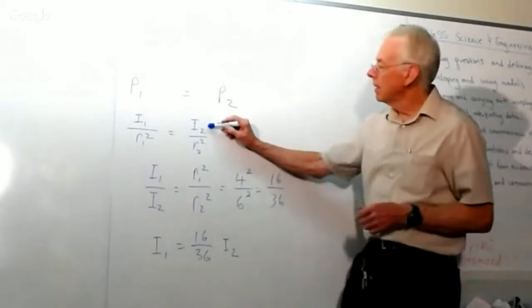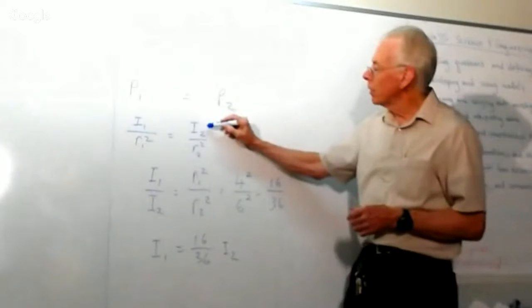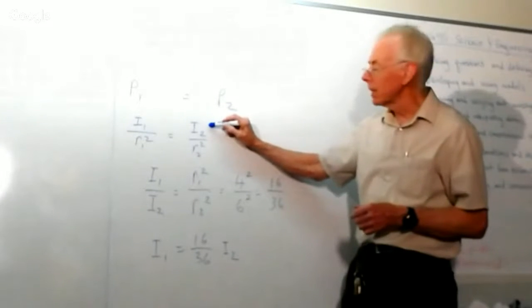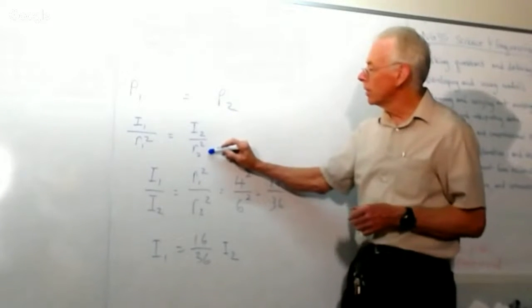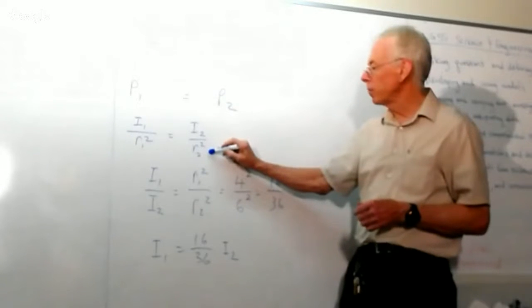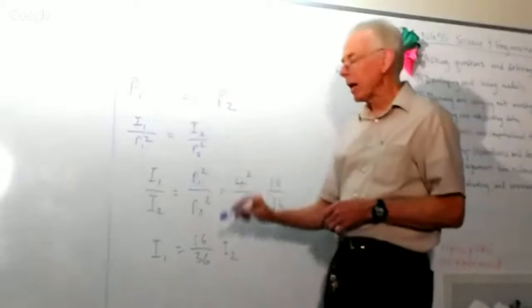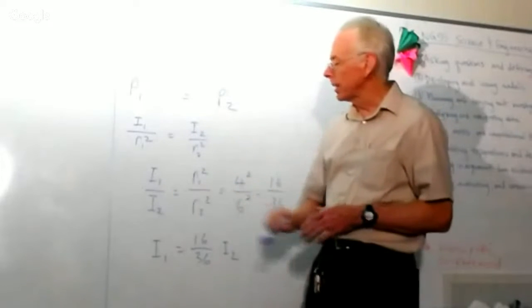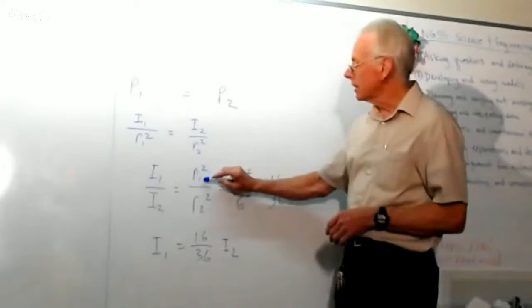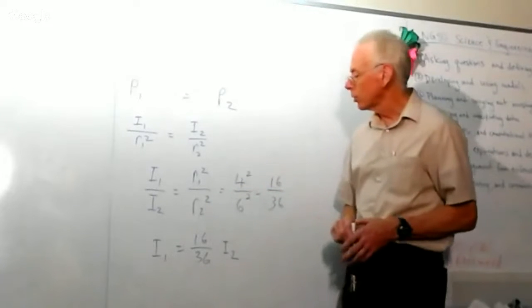And on the other side, we use the unknown brightness, intensity 2, over the distance to light bulb number 2 squared. Well, I can rearrange it algebraically and have intensity 1 divided by intensity 2 is distance 1 squared over distance 2 squared.